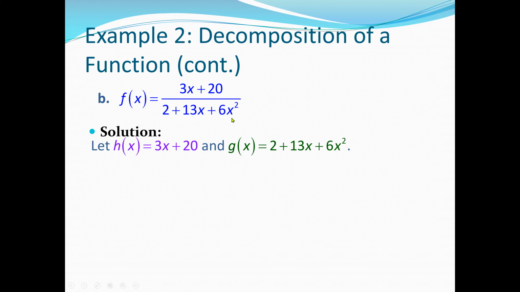So again, the whole concept is f at x is one unit, one function. We decompose it into two functions as h at x and g at x. So in order to get f at x, I need to divide h at x by g at x. So we say f at x equal to h at x divided by g at x.